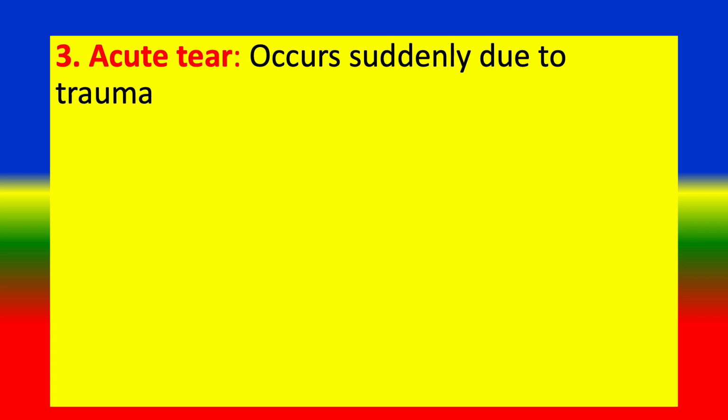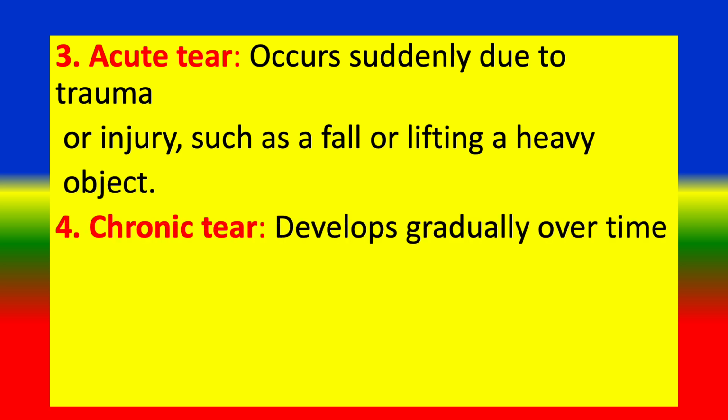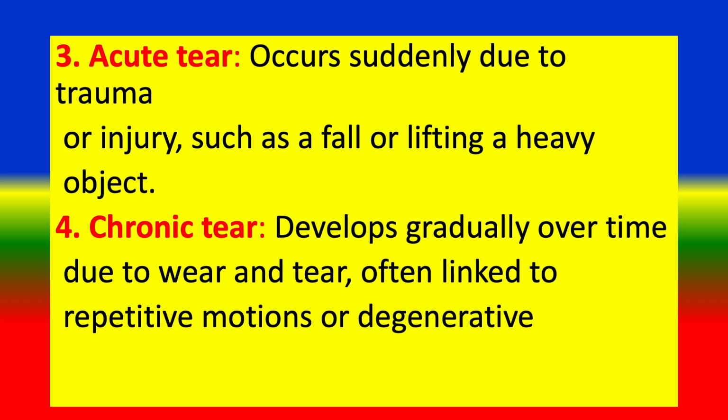Acute tear occurs suddenly due to trauma or injury, such as a fall or lifting a heavy object. 4. Chronic tear develops gradually over time due to wear and tear, often linked to repetitive motions or degenerative conditions.